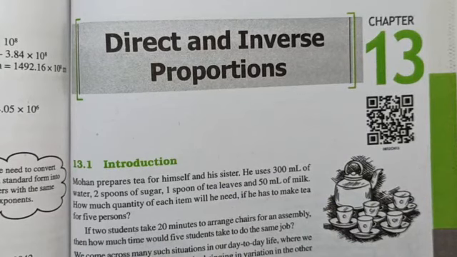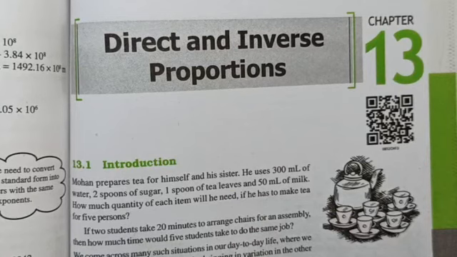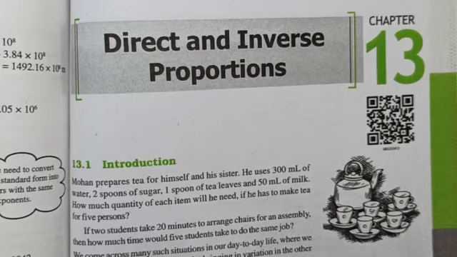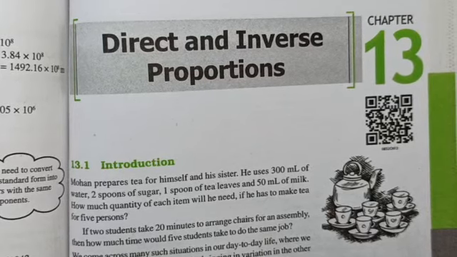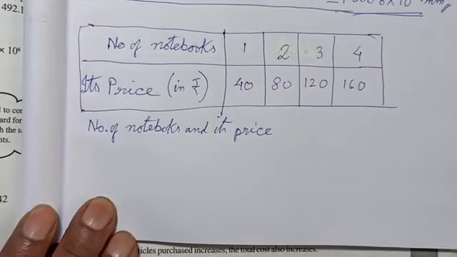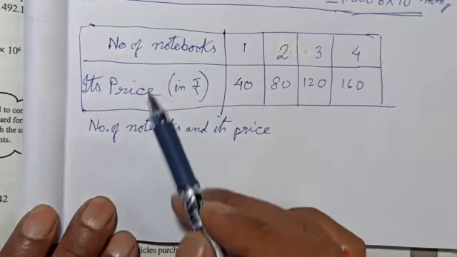Let us suppose that there are two quantities. If the increase of one quantity makes the other quantity also increase, then the two quantities are in direct proportion. For example, let us consider the number of notebooks and its price as the two quantities.